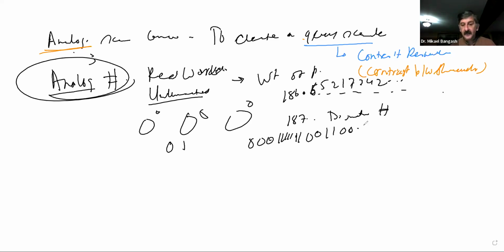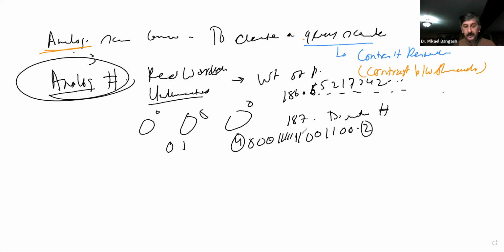If I find a 2 smuggled in, or a 4 smuggled in, this is not going to be a digital or binary number, as we may call it, because of the 4, because of the 2.